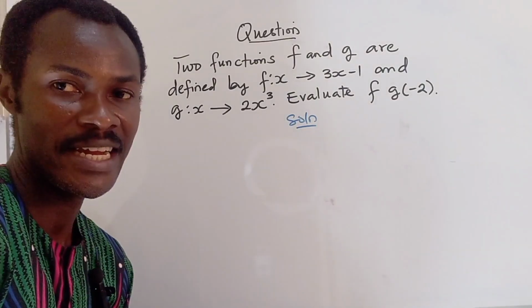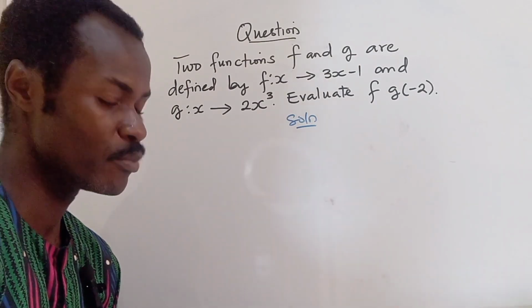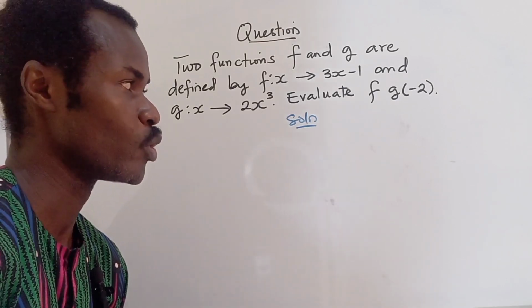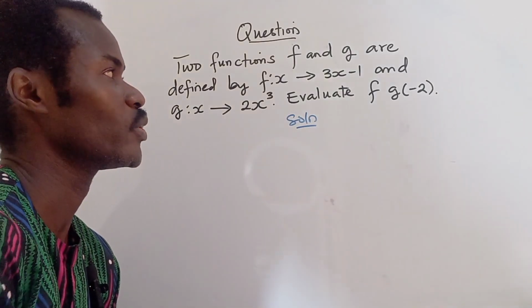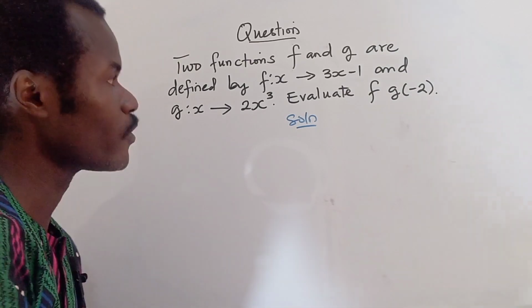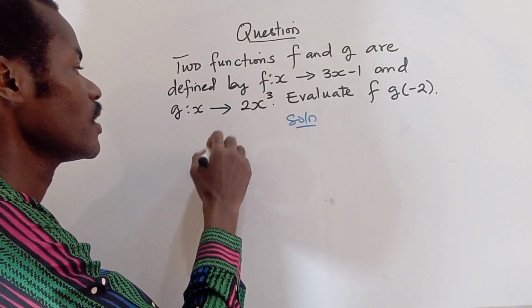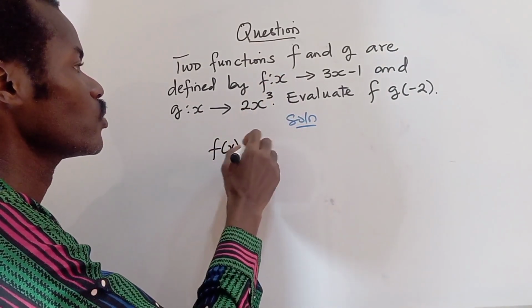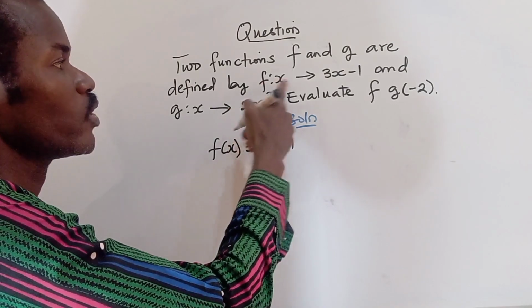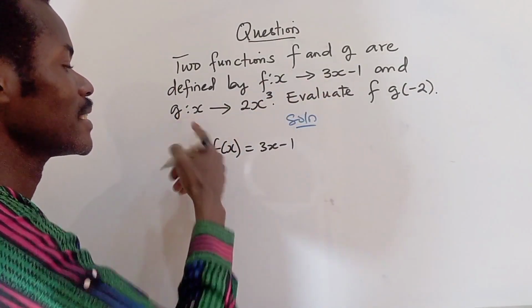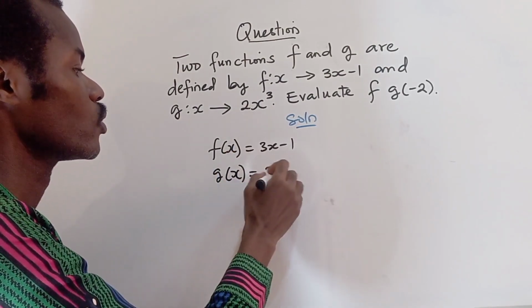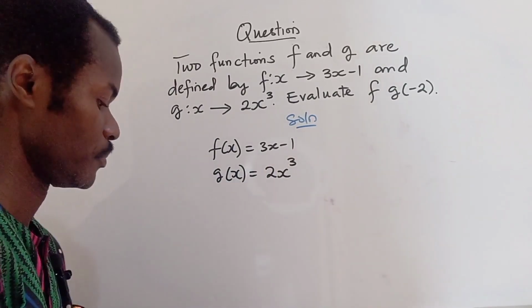We are asked to evaluate a function which is a composition of f and g. So this problem is on polynomials, where we want to find the composition of these two functions. Our first function is 3x minus 1, and the second function is 2x raised to the power of 3.